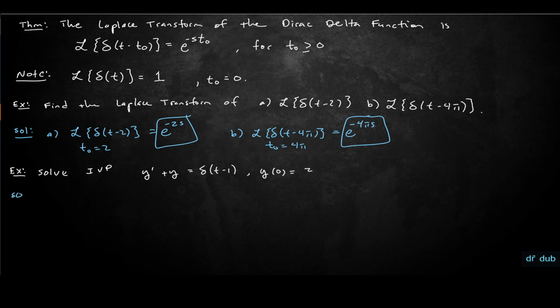So solution, everything's the same, right? We just take the Laplace of the whole equation. So take Laplace of the left, which is y prime plus y, equals Laplace of delta(t - 1). That's going to be s times capital Y(s) minus y(0) plus Y(s) equals e to the negative s.